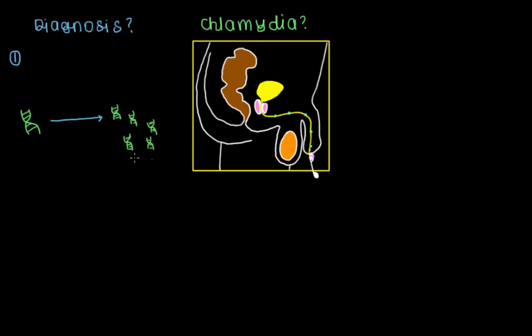Once we do that, we have enough genetic material that we can actually detect with probes. This process of multiplying or amplifying the amount of nucleic acids we have from the chlamydia is done using a polymerase chain reaction. Maybe you've heard of PCR before. Using this test to diagnose chlamydia is called a nucleic acid amplification test, or NAAT.